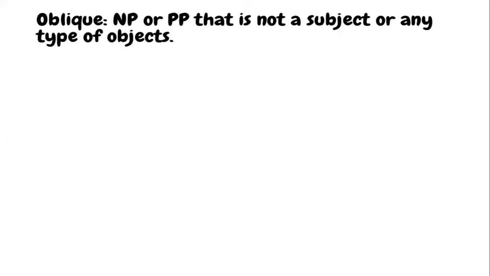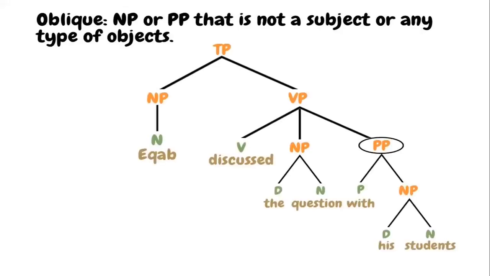Then we're going to move to the last and the most important grammatical relation, which is the oblique. So you need to know that any NP or PP that is not a subject or any type of object is an oblique. So in this tree, Agab discussed the question with his students. Here we have the prepositional phrase with his students.